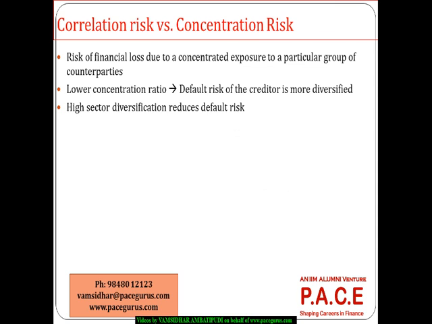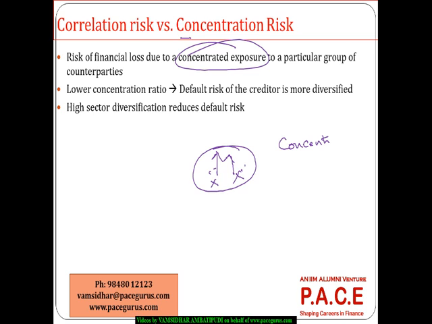And looking at one more aspect, the concentration: if two securities are highly correlated, it means investing in this and investing in this is more or less the same. So I'm concentrating only in one single asset kind, though I have bought two assets, because the correlation between them is high, my exposure is typically a concentrated exposure itself.